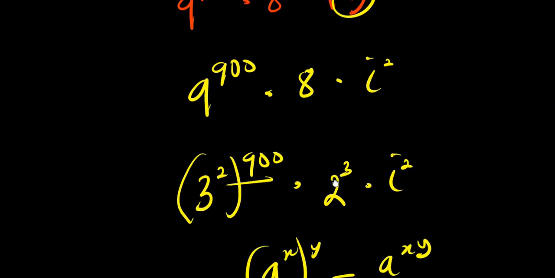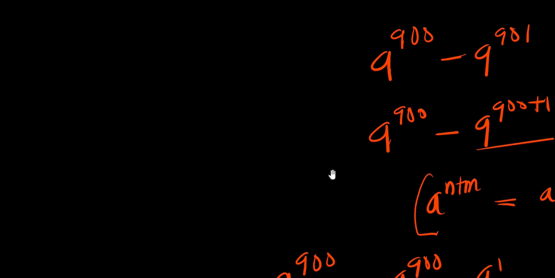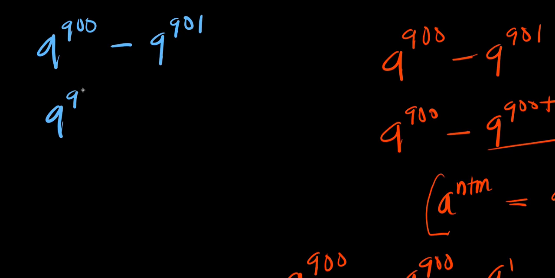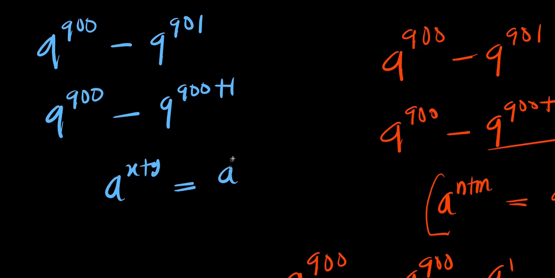Now we can also have this in another way if you don't want to represent your answer using complex identities. You can have it this way. 9 to the power of 900 minus 9 to the power of 901. This will be 9 to the power of 900 minus 9 to the power of, this is 900 plus 1. a to the power of x plus y equals a power x times a power y.